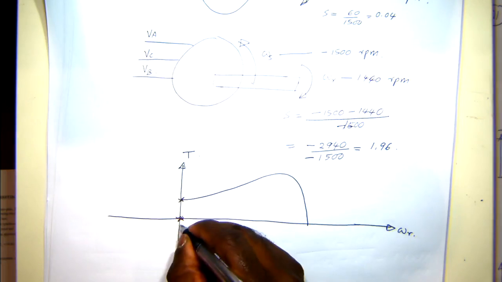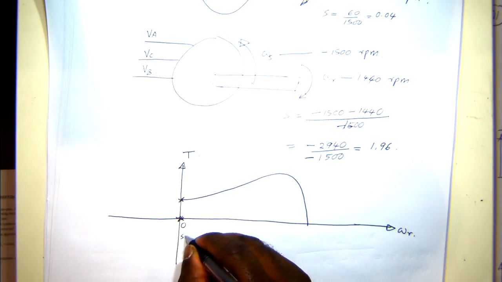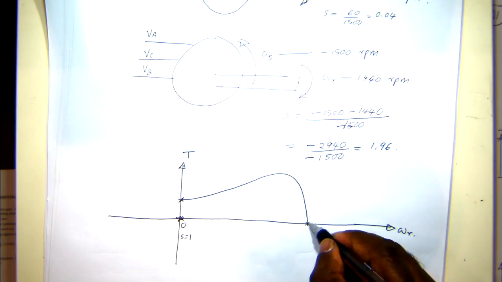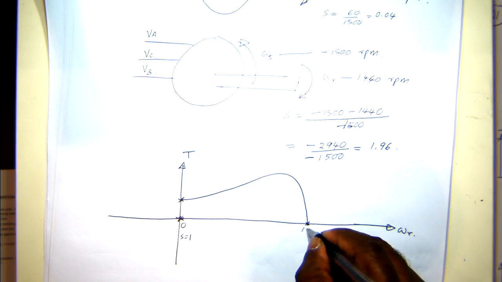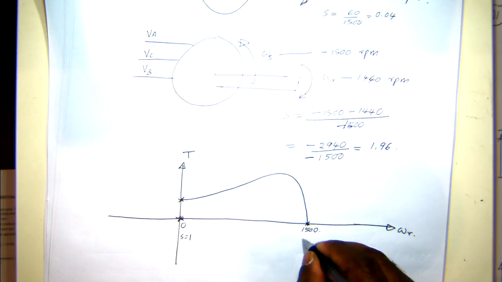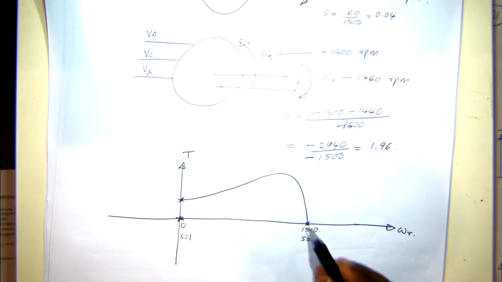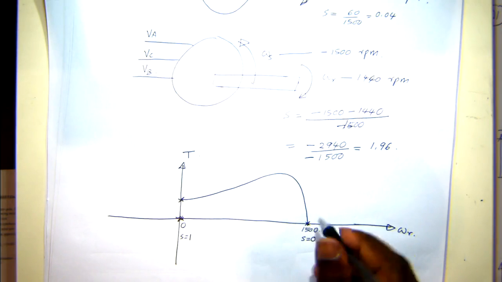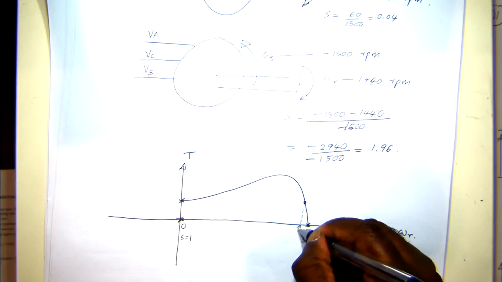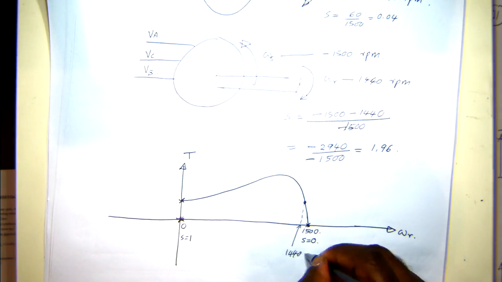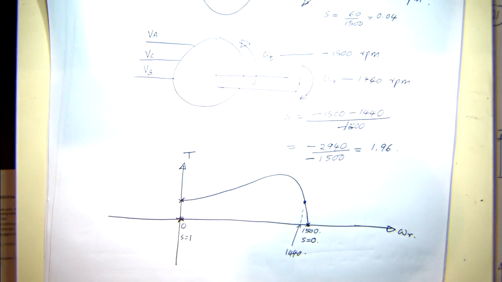This is speed equals 0, and that means slip equals 1. This is speed equals synchronous speed. For example, for a two-pole pair machine, this will be at 1500 RPM, and slip will be 0. So at synchronous speed, it's not producing any torque. A normal operating point will be somewhere here, let's say 1440, and you are operating it at this point.